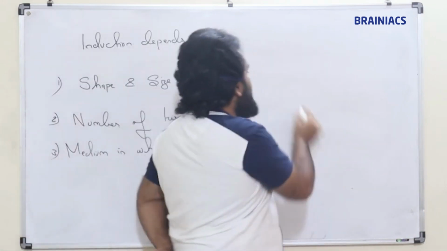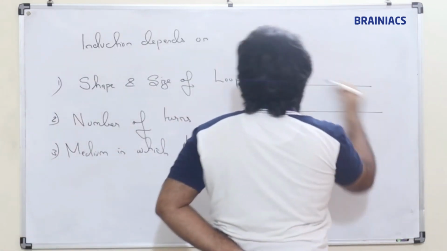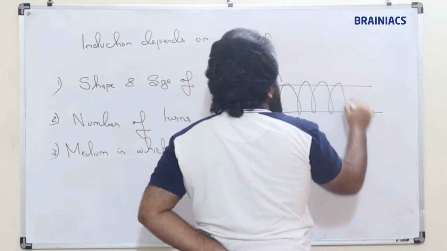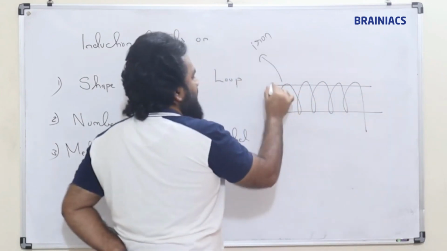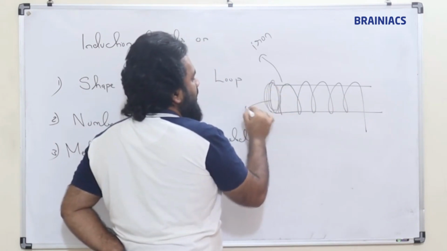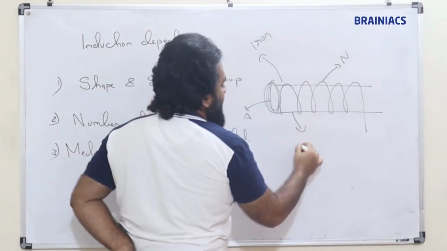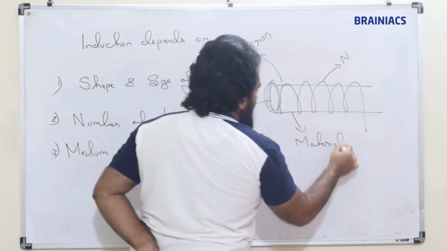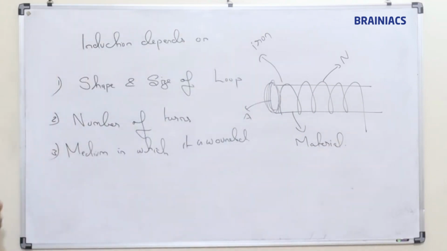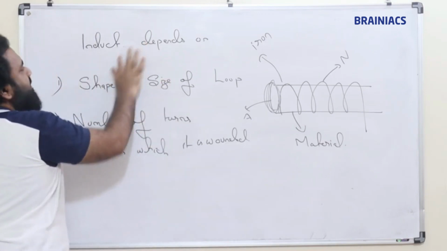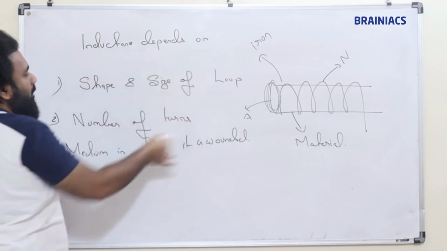Say for example, if we use an iron core, if this is iron and we are making the winding like this, then the area of this, shape of this, number of turns, and at the same time this material, all these will decide the inductance. So we can say inductance depends on all these factors.